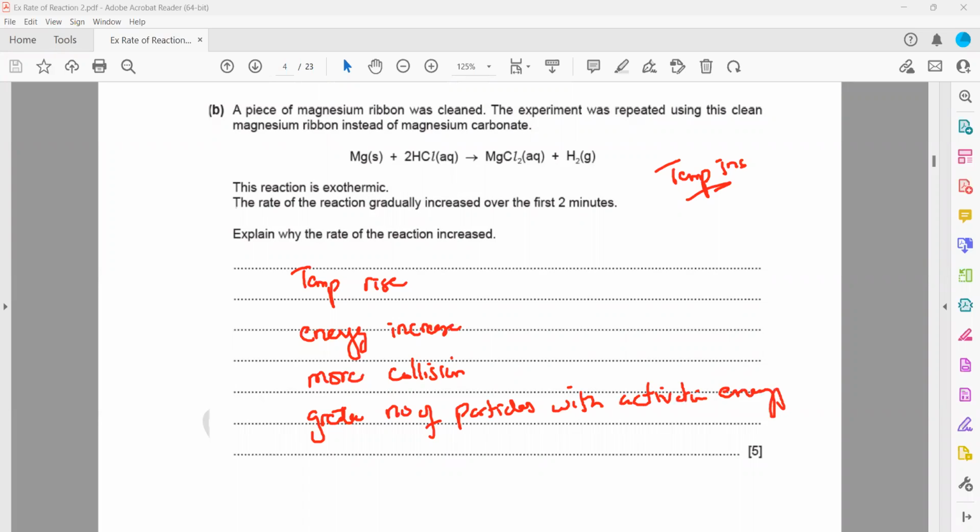So a greater proportion or number of the particles with activation energy. So the rate of the reaction increases, as more collisions will be there. So the points we mentioned: 1 mark is for mentioning increase in temperature, 1 mark is for particles have more energy, 1 mark for the particles collide often, more collisions are there, greater number of particles have energy more than activation energy, and particles move faster as well.